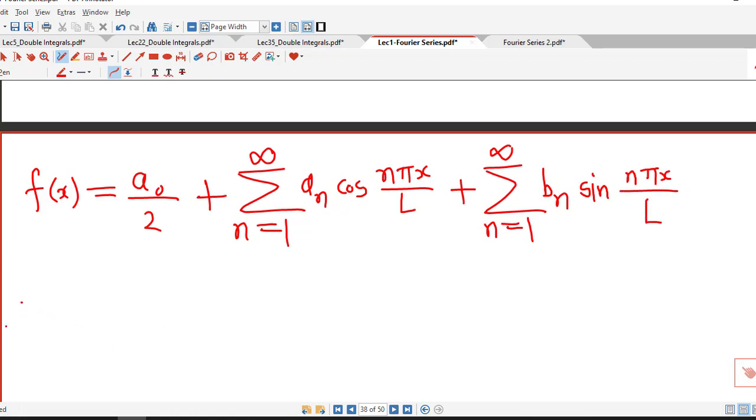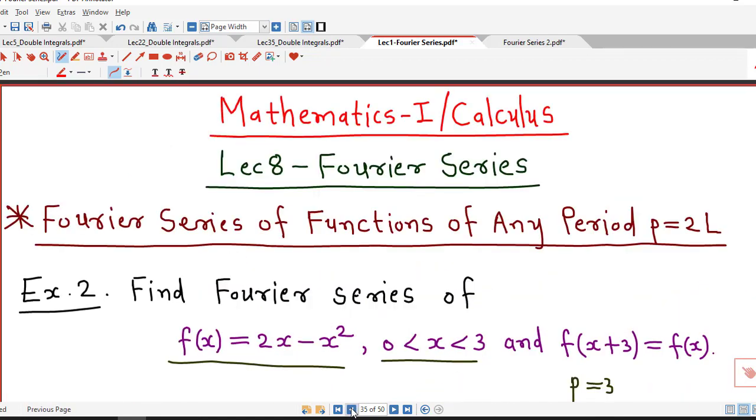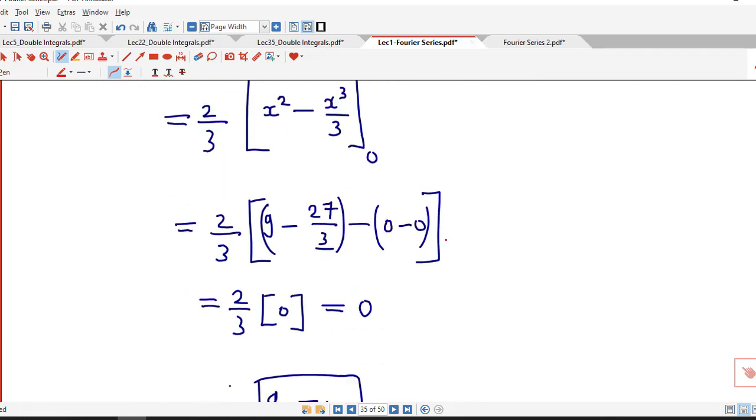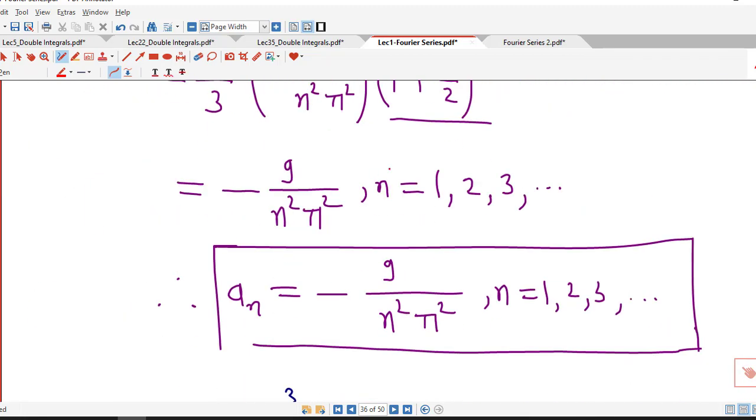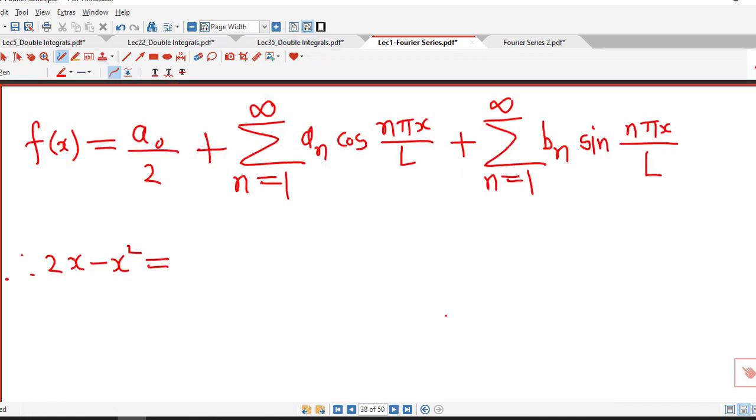Now our function is 2x minus x square, and let me check what was the value of a0 which we obtained. a0 is 0 and an is minus 9 over n square pi square. So we have sigma n equal to 1 to infinity an is minus 9 over n square pi square.